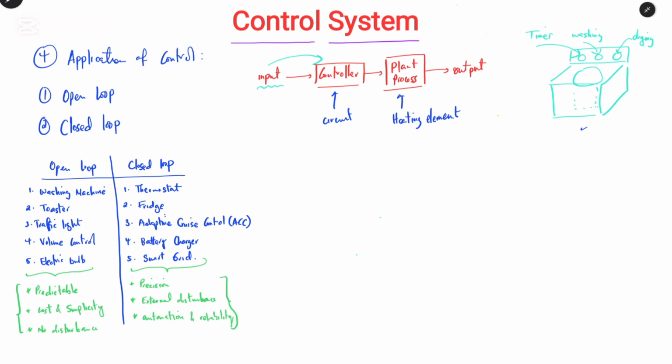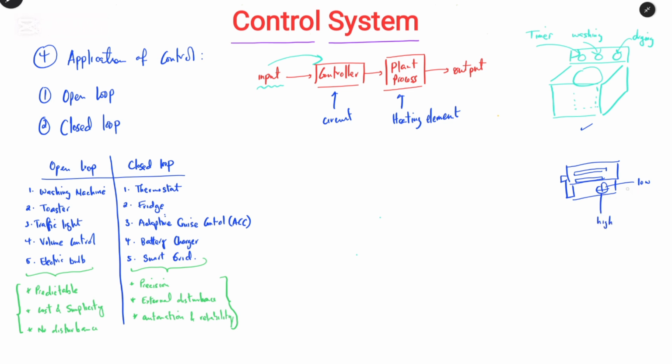So apart from the washing machine, we can identify a toaster. We have the slot in a toaster and a knob, or sometimes a button that we can press. And with this knob we can select an option such as low to high.